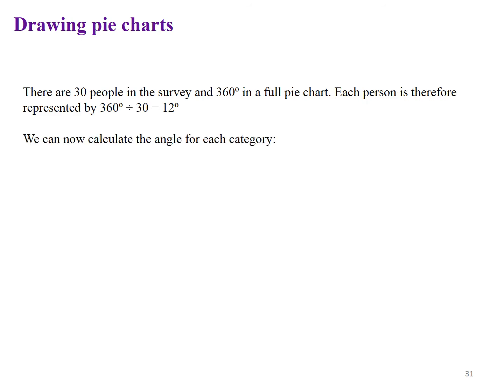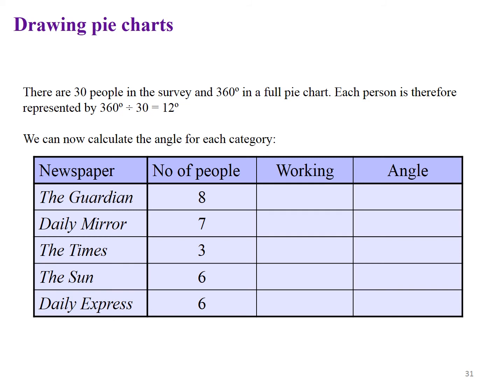The total is 360 degrees, so we calculate how many degrees each group of people represents. The Guardian has 8 people, and the total is 30. So 360 divided by 30 is 12 degrees. So 1 person represents 12 degrees, and 8 people represent 8 times 12 degrees.